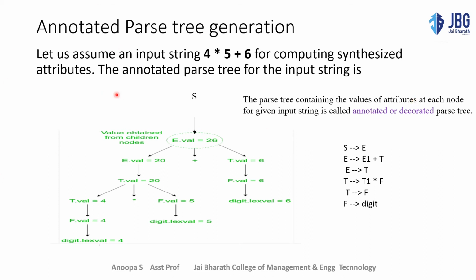Now, this is our grammar, and I have to get the parse tree for this. So how can I get this? Our starting symbol is S. From S I have to get E. From E I should take E1 plus T, and for T, T1 star F, then only I will get 4 into 5 plus 6, right?